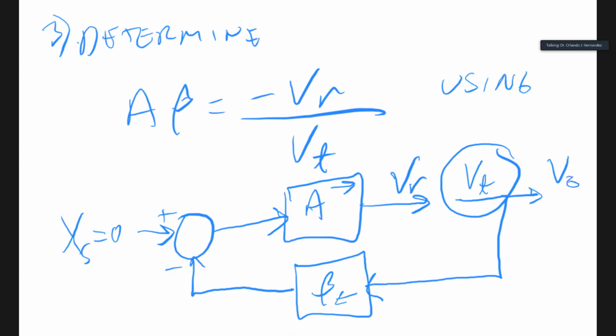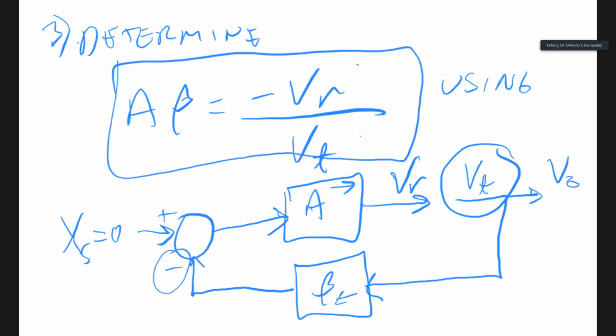And if you solve this diagram and get a ratio of VR over VT, essentially output over input, and we know that the feedback is negative, that gives you the loop gain, which is a very important quantity.